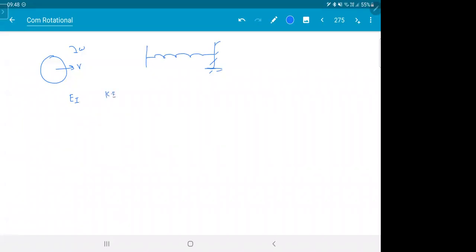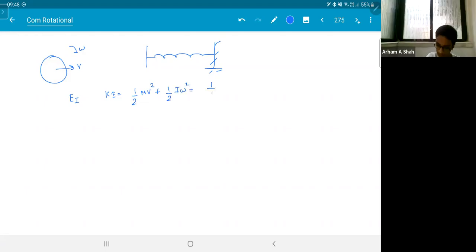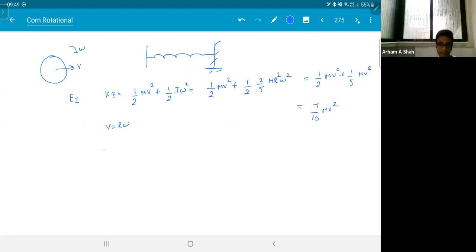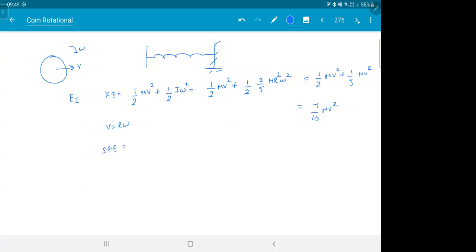Kinetic energy, half mv square, plus half I omega square. I is how much? 2 by 5 mr square omega square. And we know v is equal to R omega since it is not slipping. So that would be half mv square plus 1 by 5 mv square, which is 7 by 10 mv square. What about spring energy? 0.